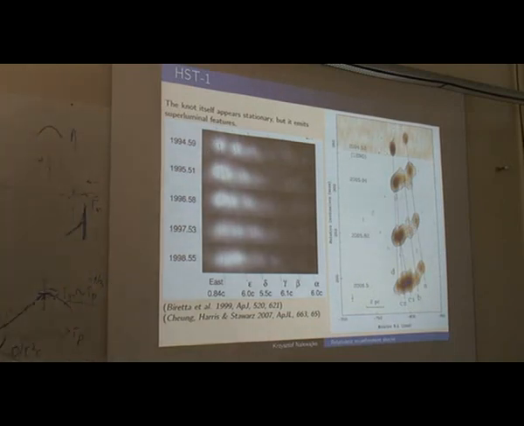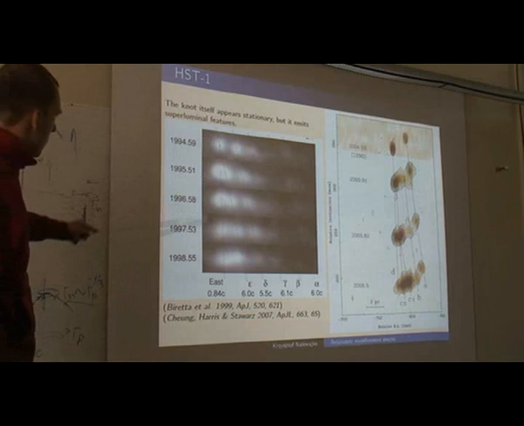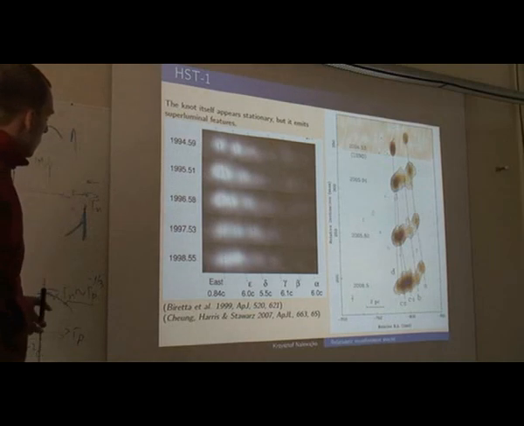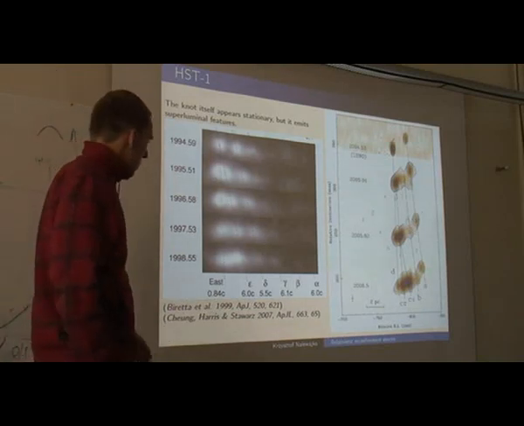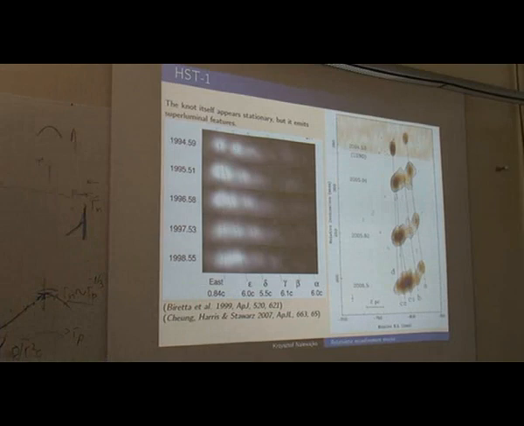They were first observed by comparing the Hubble images, and the apparent velocity measured is about 6 times the speed of light.